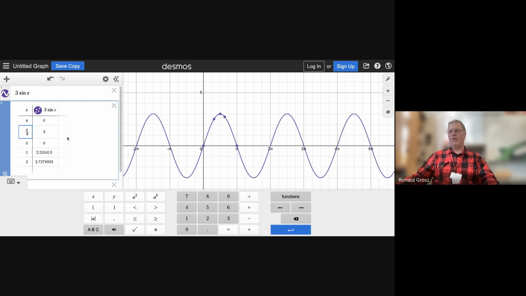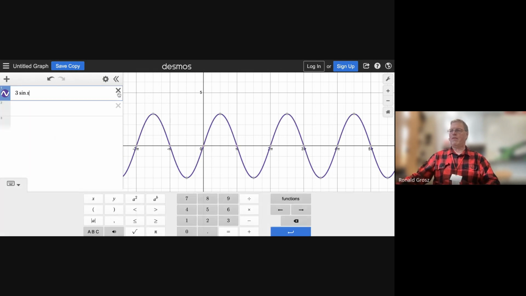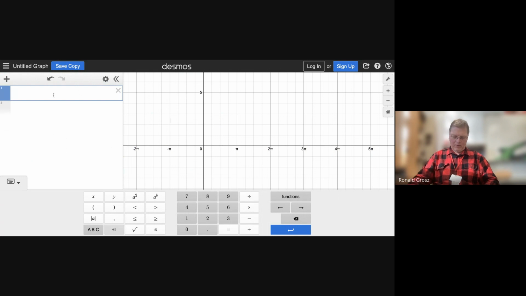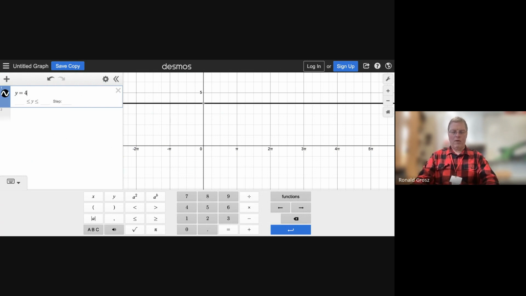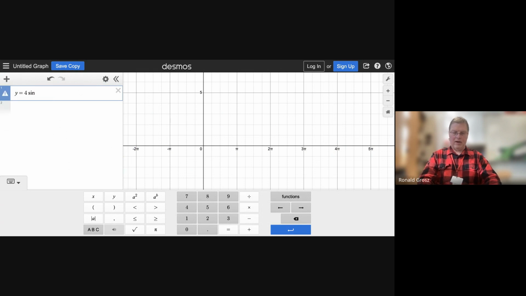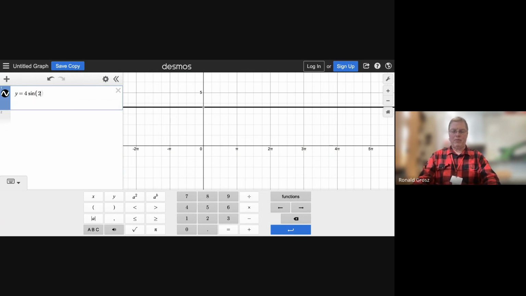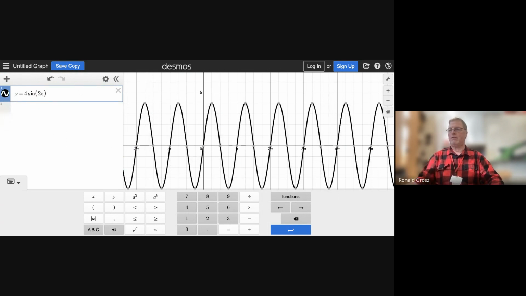If I want to know when it equals a number, I can do that too. Click off these. Let me go with y equals 4 sine of, I'm going to change the period to be just pi by making it 2x.